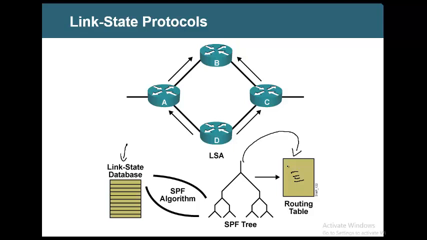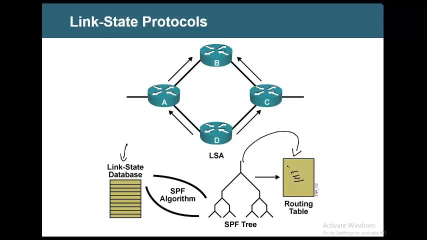So learning a route is only partial in EIGRP because one part of it was done by your neighbor. Your neighbor says, this is my best path and this is the metric for me.